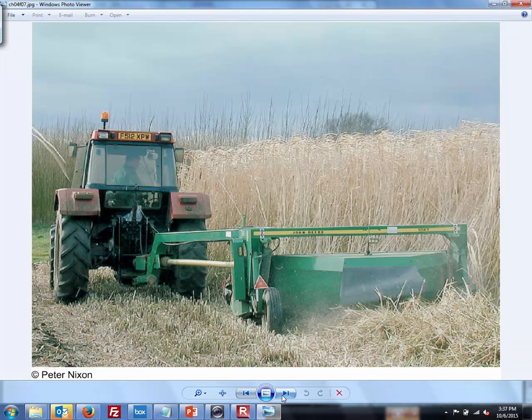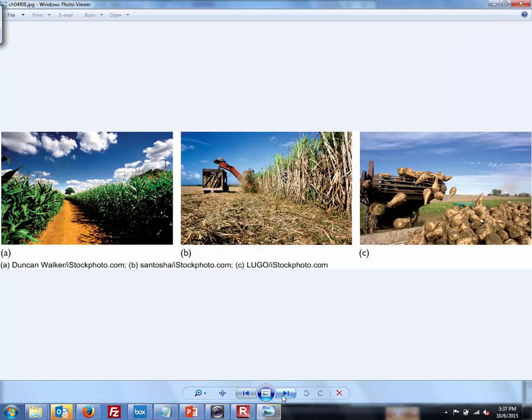Here's a shot of miscanthus again, kind of tall. In this shot, it looks a little bit more like wheat than corn, but just a sort of strawish, straw-looking material. Okay, so some other purpose-grown crops.